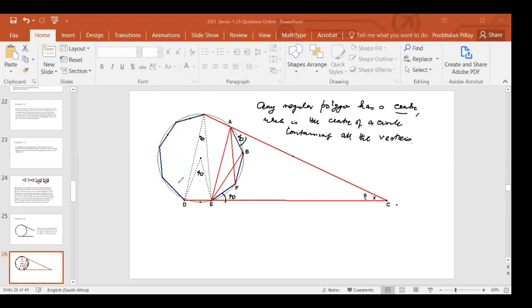In fact, I can calculate all the angles, because if you had n sides in your regular polygon, then the angle at the center will be 360 divided by n. That's how I got 40. And the angle that it subtends at the circumference is half of that, because the angle at the center is twice the angle at the circumference. So at the circumference, you have 180 divided by n. And that's how we get 180 divided by 9 is 20.